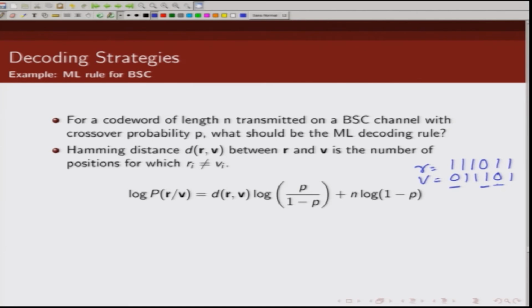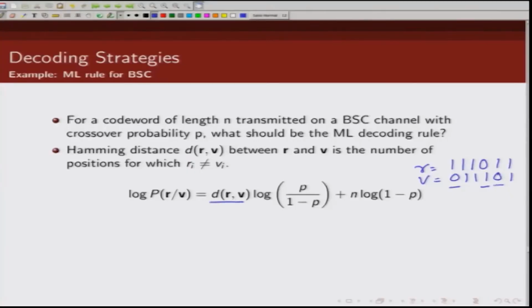Now, when we are sending an n-bit code word over a binary symmetric channel, what happens? Some of the bits will get flipped with the crossover probability p. Let us denote the number of flipped bits by d. The Hamming distance between R and V specifies the locations where R and V are not the same, and those are the locations where errors have occurred.